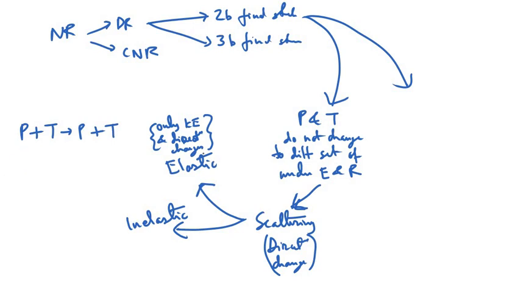Here is another possibility, this channel is scattering, so projectile plus target forming projectile plus target. Okay, so did I talk about excitation or not? Have I talked about it?